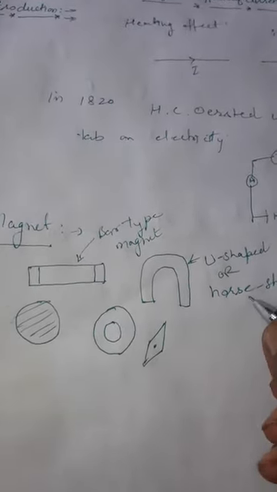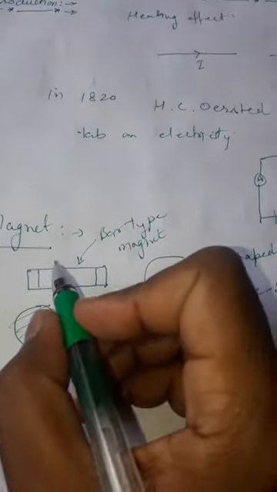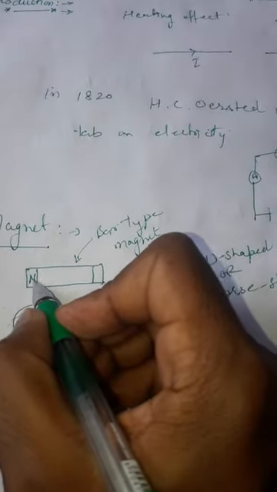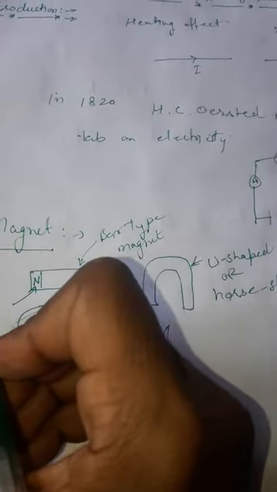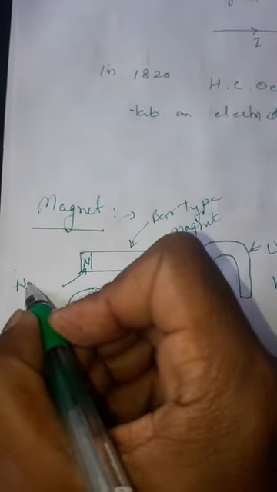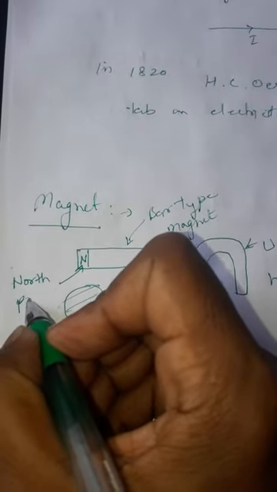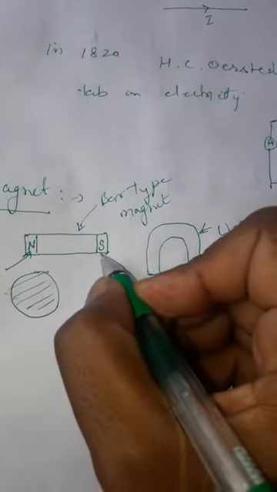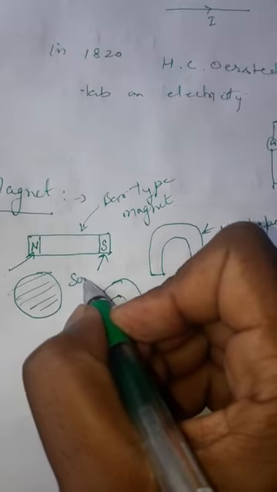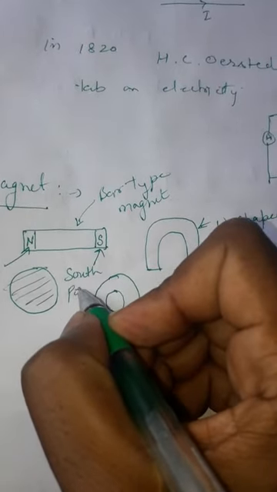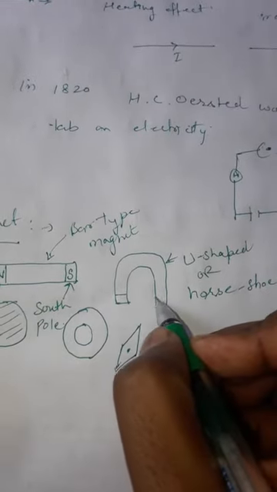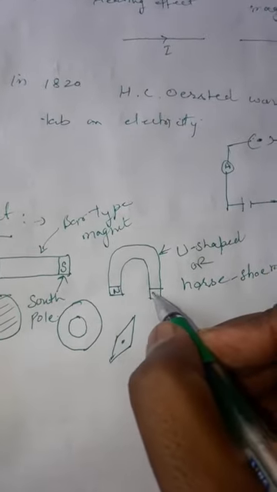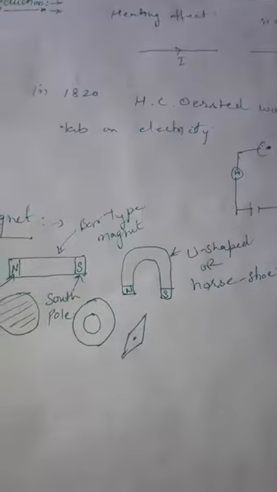We also know that a magnet has two poles. Here we write N and S: N means the north pole, and S means the south pole. Similarly, in a U-shaped magnet, one is the north pole and the other is the south pole.